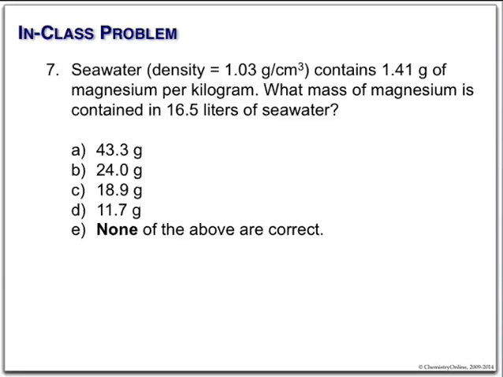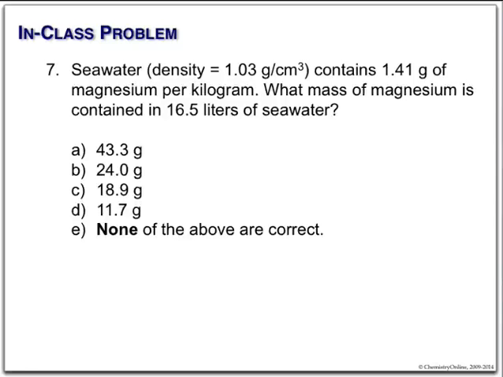What we want to do here is to figure out what mass of magnesium there is in 16.5 liters of water. Well, we are given a density. We are given a number of liters.